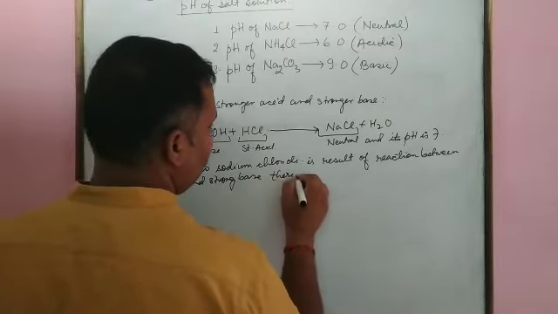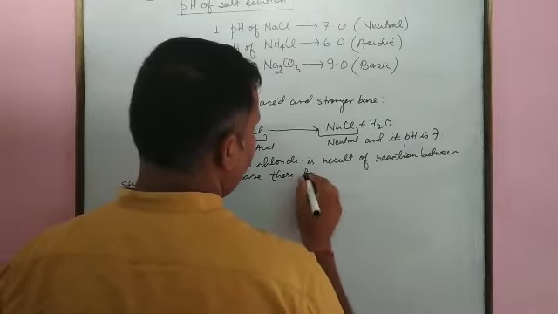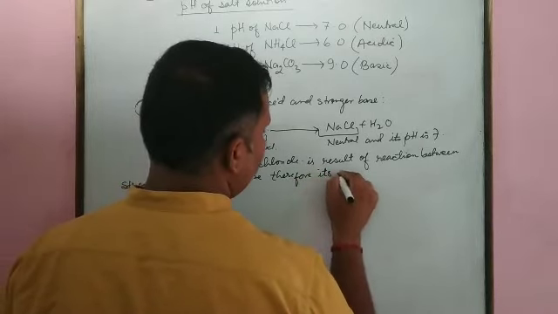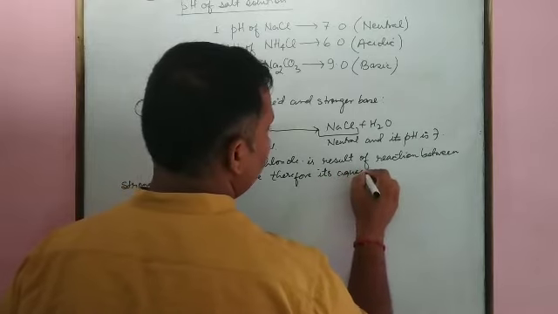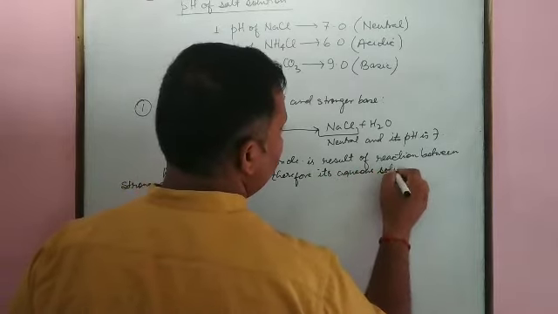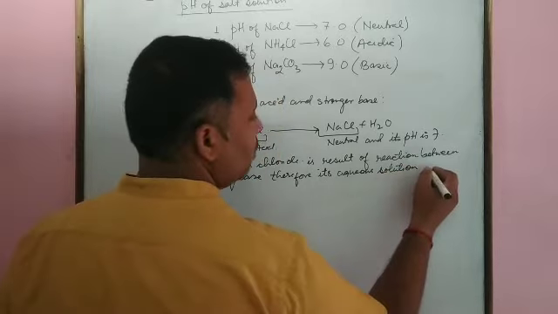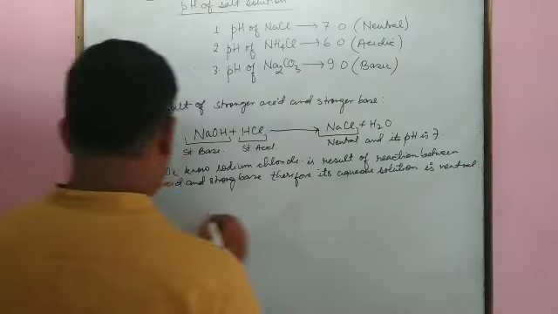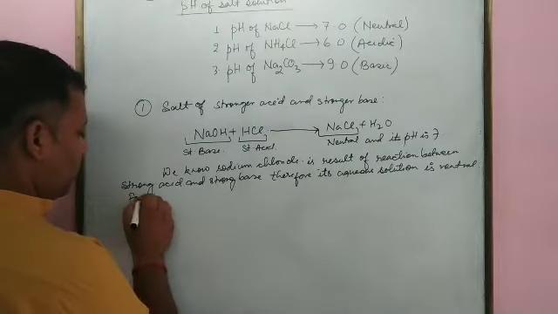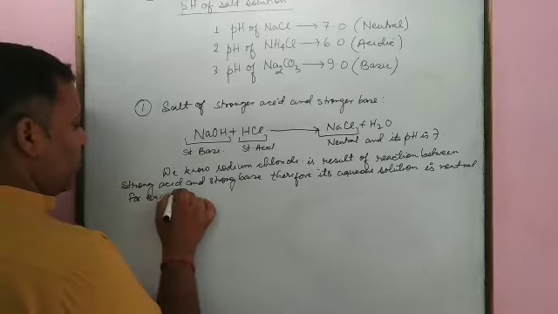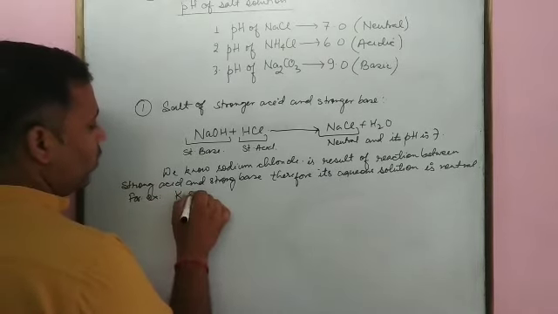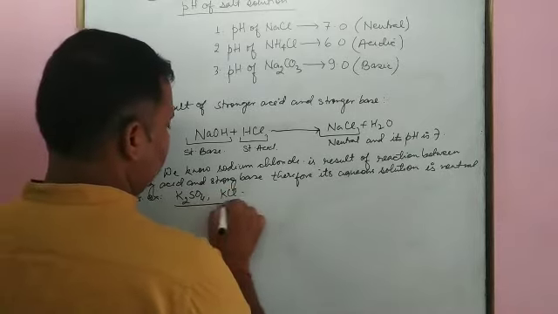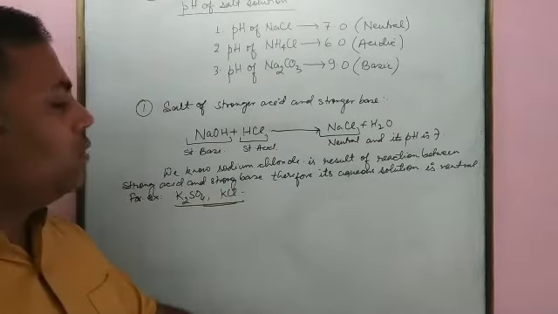Therefore, its aqueous solution is neutral. We have another example. For example, we have K2SO4, we have KCl. They are termed as neutral salts.